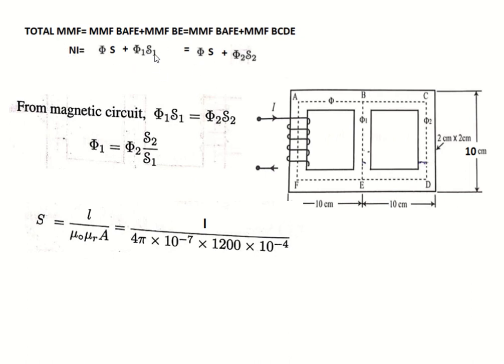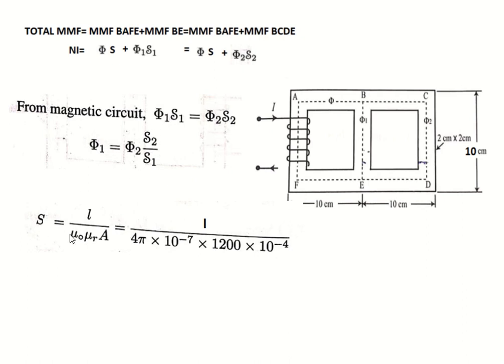Suppose you are using the first equation, then N into I equal to phi into S plus phi 1 into S1. Here phi 1 is unknown, so you need to find the value of phi 1. How will you find phi 1? Using this equation, phi 2 into S2 by S1. We know the value of phi 2. Unknown values are S2 and S1. And what is the general equation for finding S?